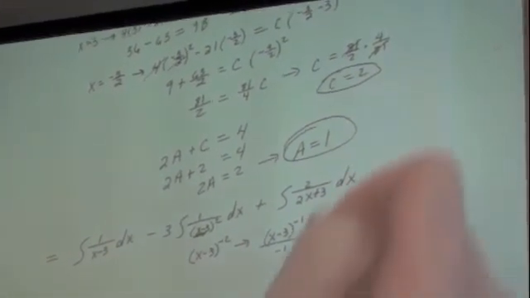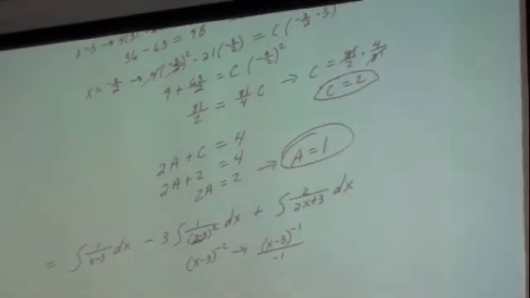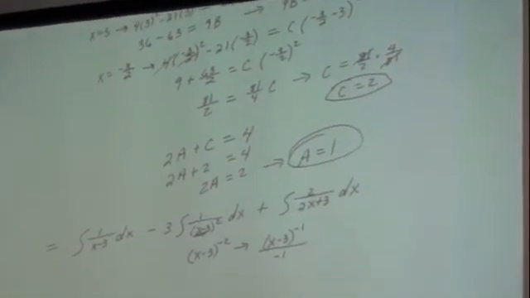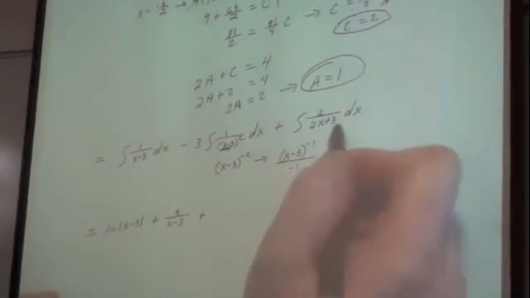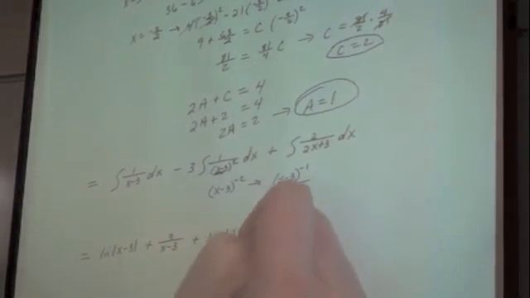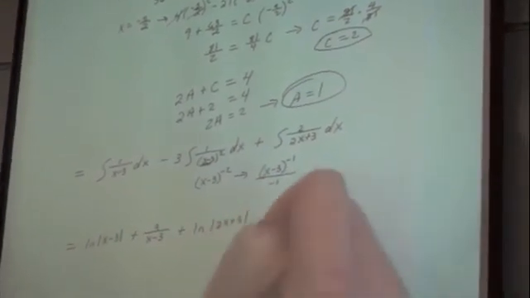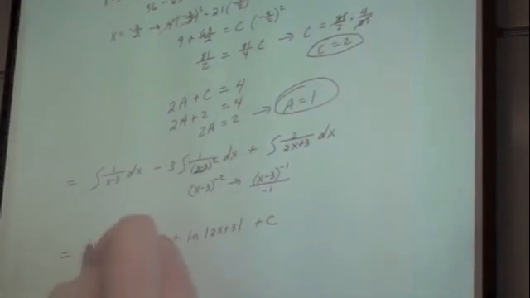Plus, that 2 is eliminated, so please don't put 2 natural log. The derivative of the denominator had to be in the numerator in order for it to be a natural log. So I'll say it's the natural log of 2x plus 3 plus C. Didn't forget it that time.